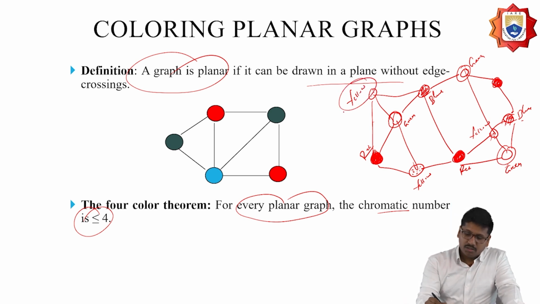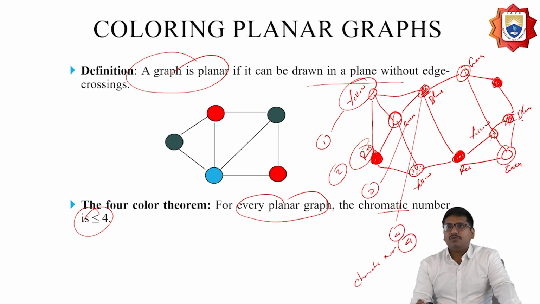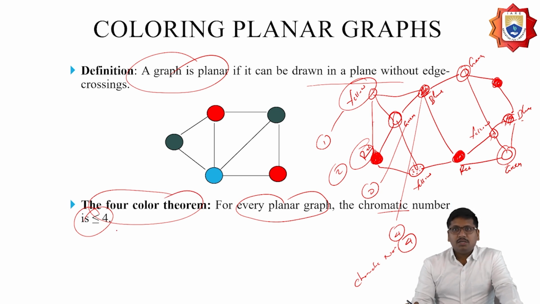One yellow, two red, three green, and then four blue. So the chromatic number is 4, so less than or equal to 4. That is the theorem I'm going to suggest here. According to the four color theorem, for every planar graph, the chromatic number should be less than or equal to 4.